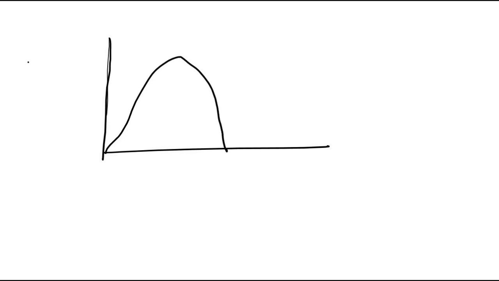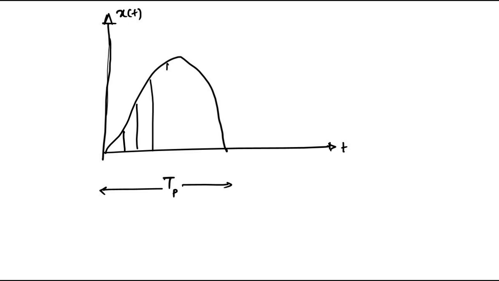And what we do is we divide the total time duration of the positive half cycle into n equal parts, of equal width. The width of each part should be the same on the time axis.